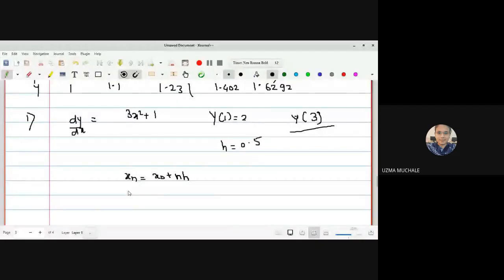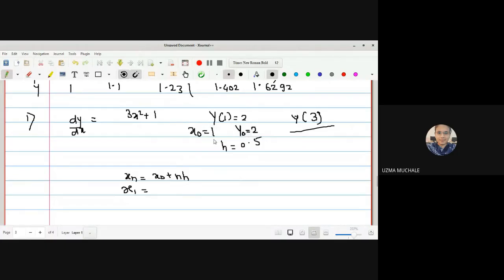What is xn? We are provided x naught plus n into h. So first we will find out x1. From this condition we can say x naught is 1 and y naught is 2.